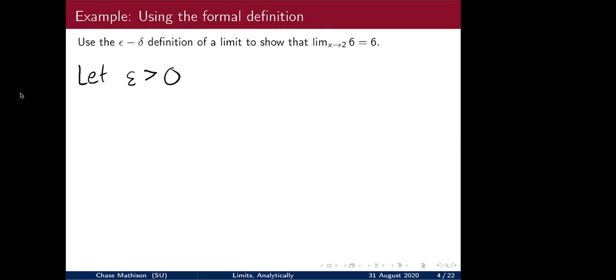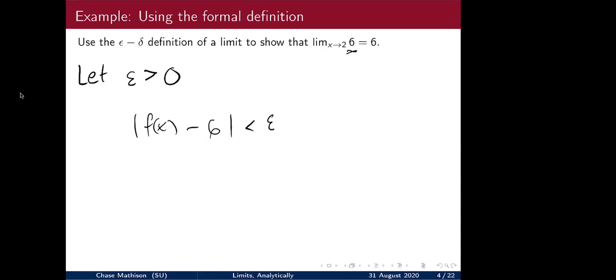But given this epsilon, what do we want to do? We want to try to find x close to 2 in this instance, so that if x is close enough to 2, then f of x, which is just 6 here, minus 6 is less than epsilon, right?